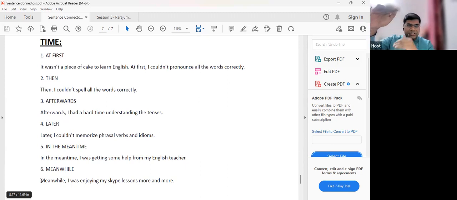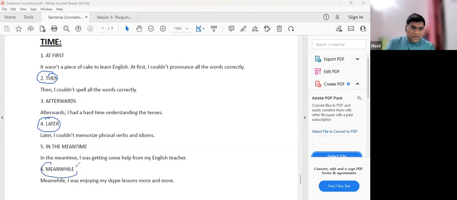So at first, then is again a very, very common indicator that you need to connect sentences. Connection chahiye, connection chahiye. At first, you need connection for it. There are so many things. You can add information by using connectors. You can contrast information by using connectors.